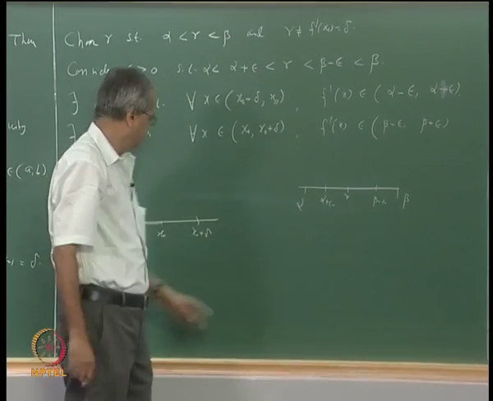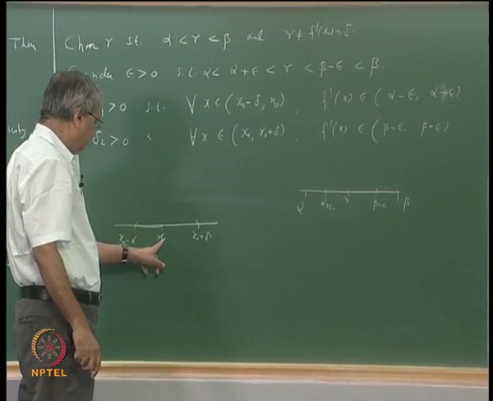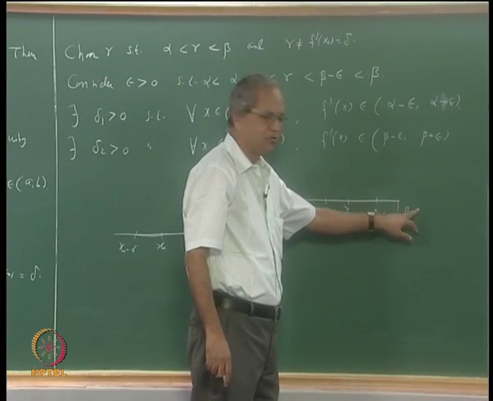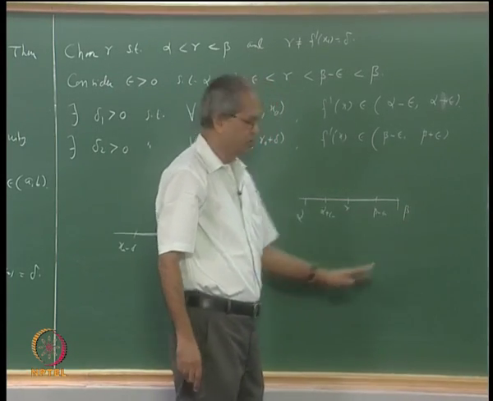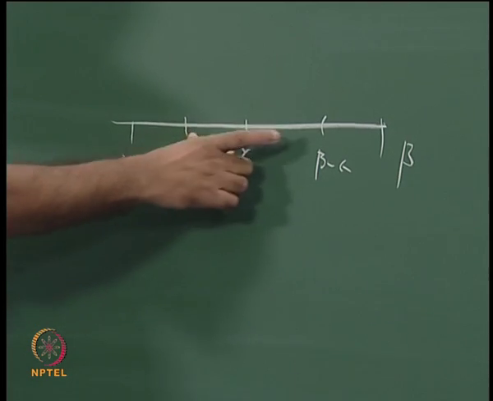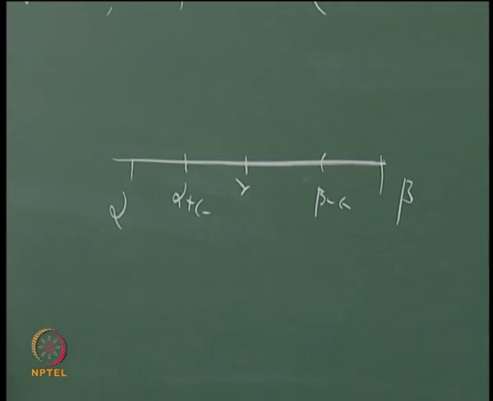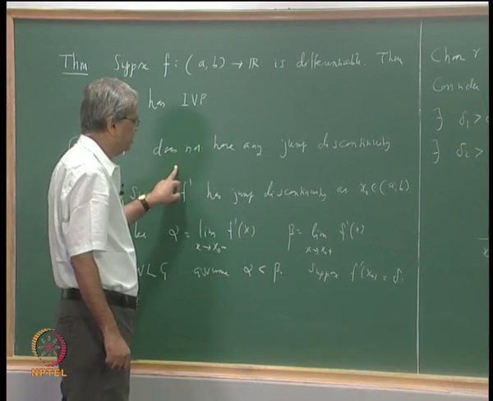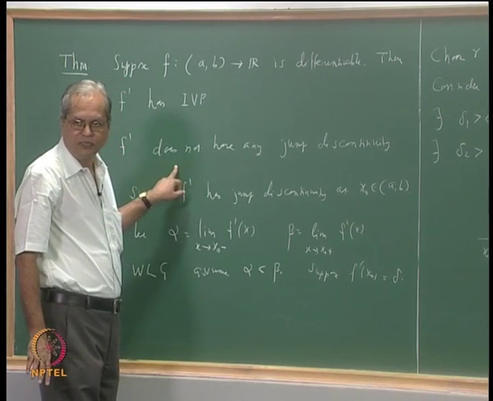And for all values in x naught to x naught plus delta, the value lies in beta minus epsilon to beta plus epsilon. That means in this interval alpha plus epsilon to beta minus epsilon, no value is taken. That is clear. So that clearly contradicts this intermediate value property. So that means the derivative cannot have a jump discontinuity, right.